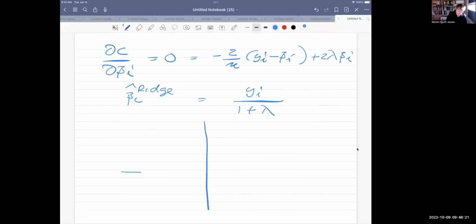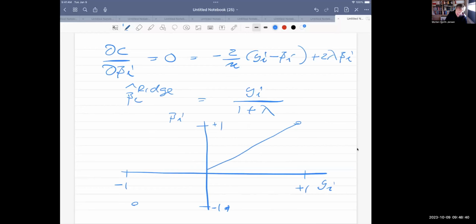So we can make a simple plot of this now. If I plot y_i as a function of beta_i, and I have plus 1 here, minus 1, and minus 1 here, and plus 1, then we see that ordinary least squares just gives us this straight line. So this is ordinary least squares. But if I do ridge regression, what I will get is something which goes like this, depending on the value of lambda. So this is ridge.